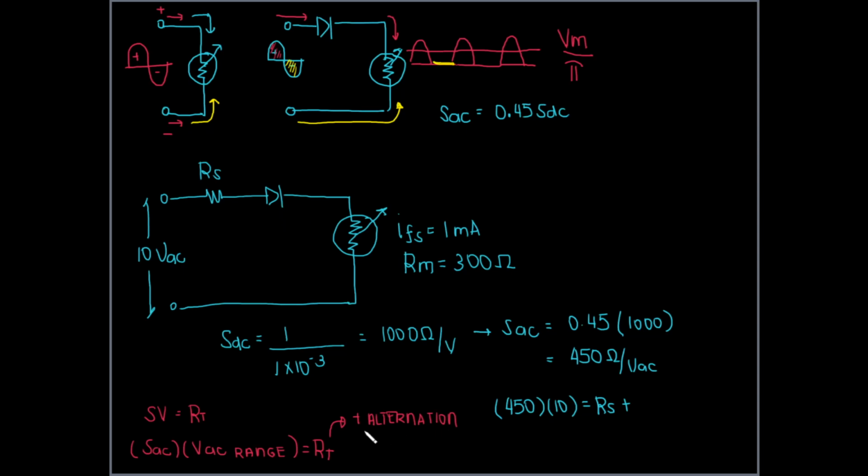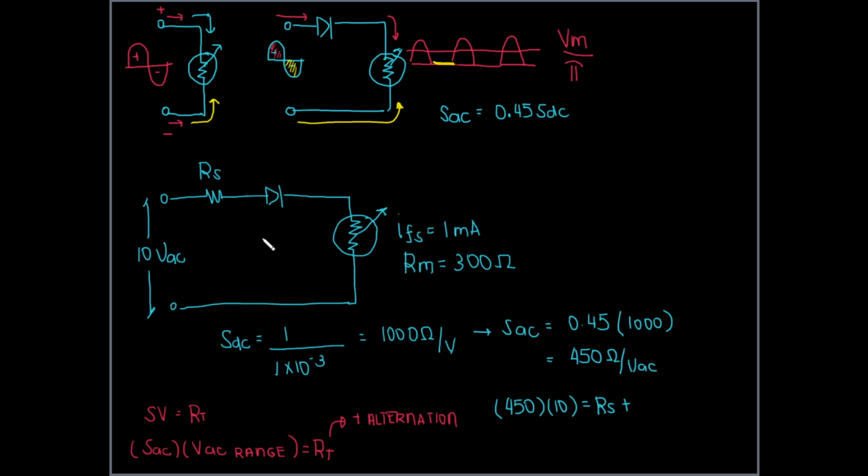That is why I emphasized here that this must be the total resistance during the positive alternation, so that you know that if this diode is not ideal, it means it has a forward biased resistance, then that resistance must be included here in the computation of the total resistance.